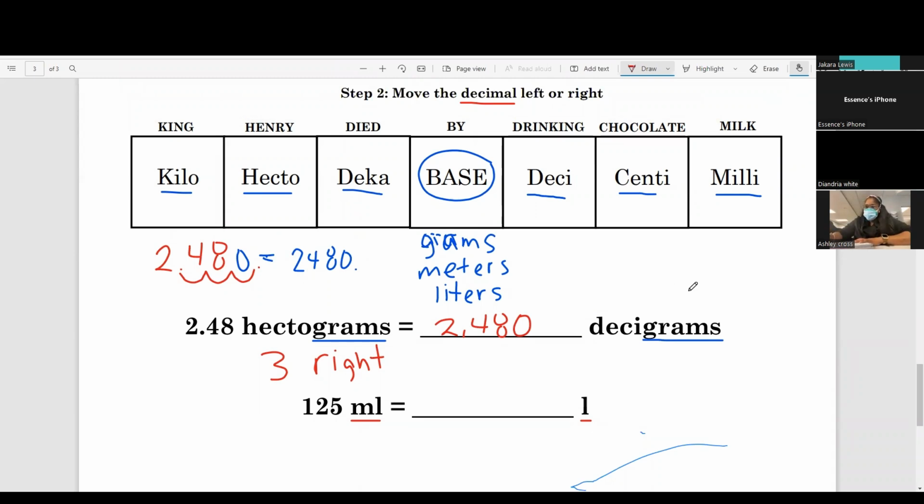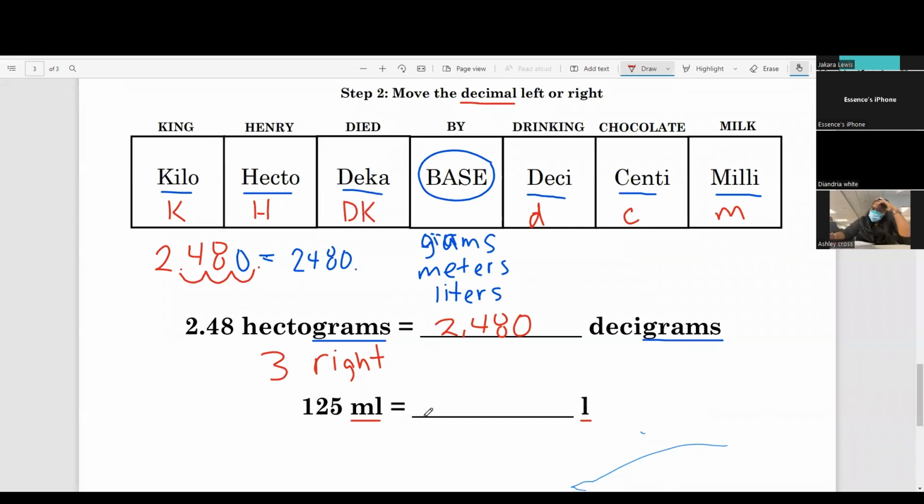Anytime kilo is there, it's always going to be a K. Hecto is going to be an H. Deca is going to be DK. So anytime you see DK before something, that's deca. Deci is just going to be D, centi is going to be C, and then milli is going to be M. And these are always the letters that will come before your actual base units.